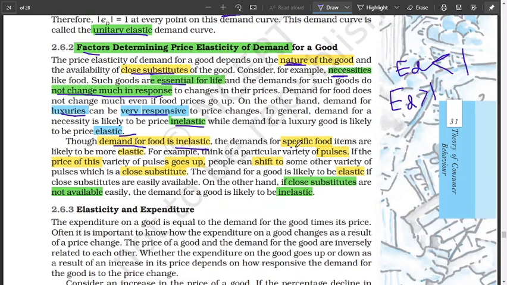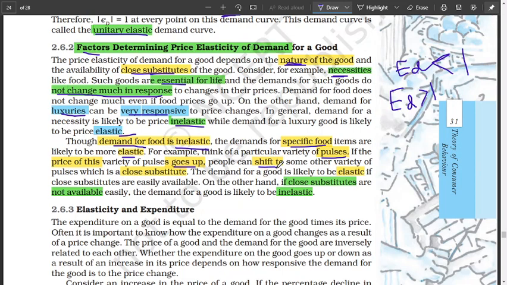But if you look at specific food, then the demand is elastic when you have a choice of which one to buy. An example is pulses. Pulses can be of various types. There are varieties of pulses. So if the price of pulse A goes up, it becomes expensive to buy, but there are other pulses as well. So you shift to others which you can substitute for the one whose price has risen.